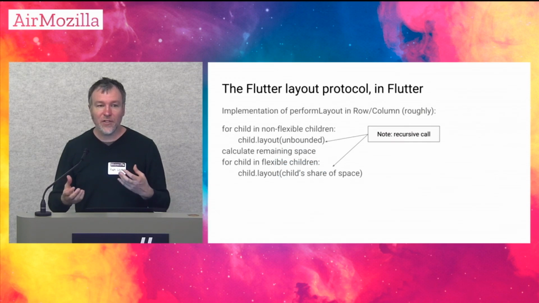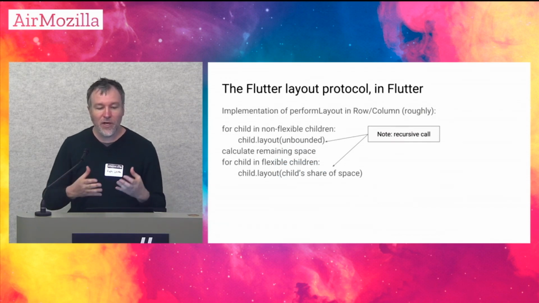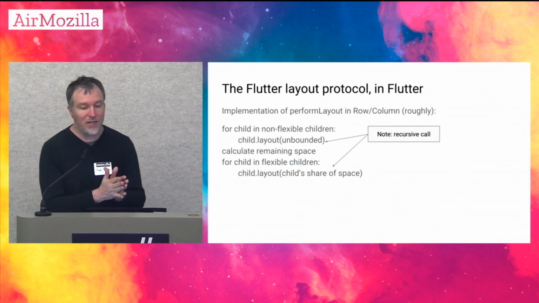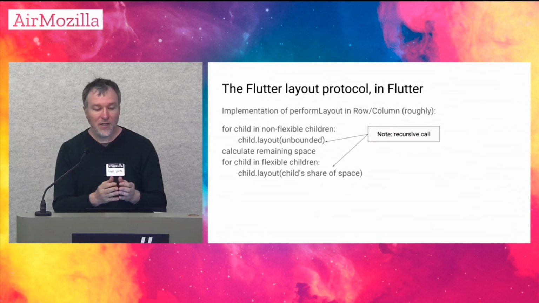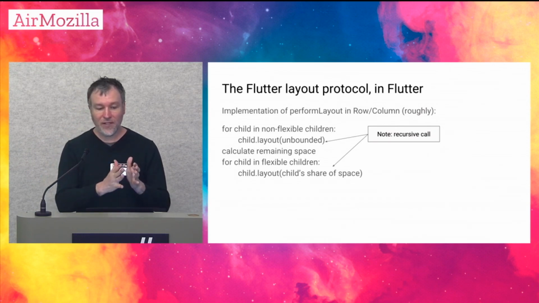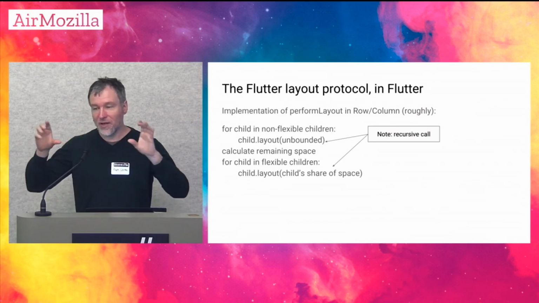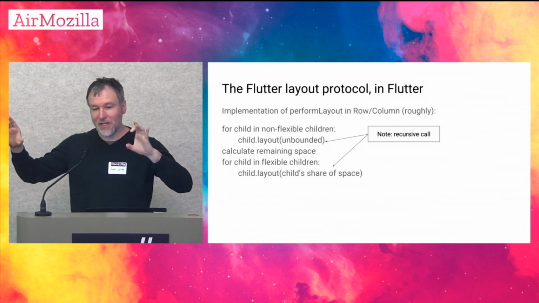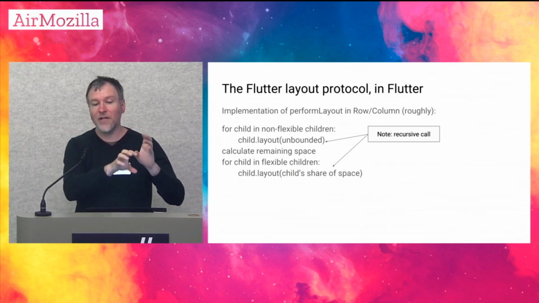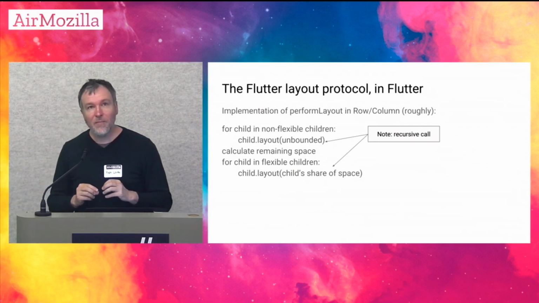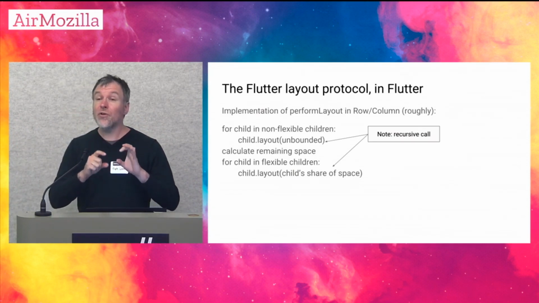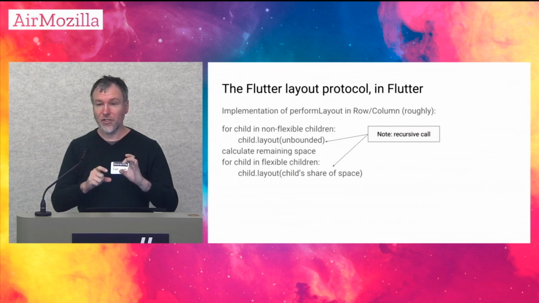So why is the order of traversal dynamic? If we go into a little bit more detail on a row or a column, it roughly looks like this. You've got children that are both non-flexible and flexible. If you think about a bar that has buttons and then maybe a text field, then maybe your buttons are not flexible, but your text field is flexible. So the algorithm basically says, do your non-flexible children first. Go to each of your non-flexible children.